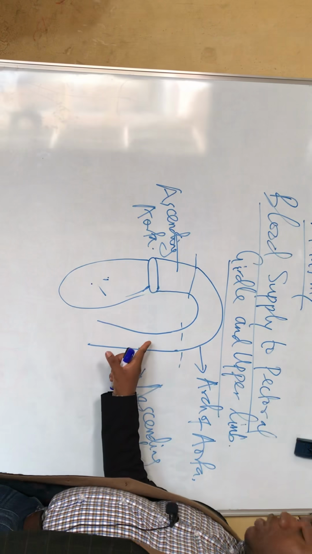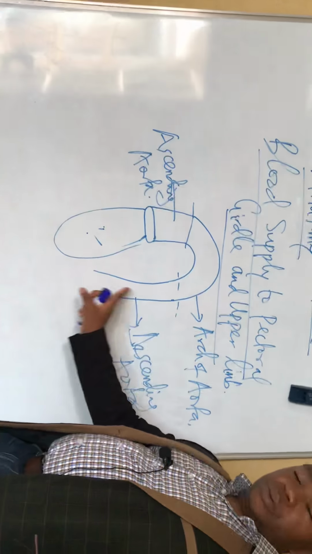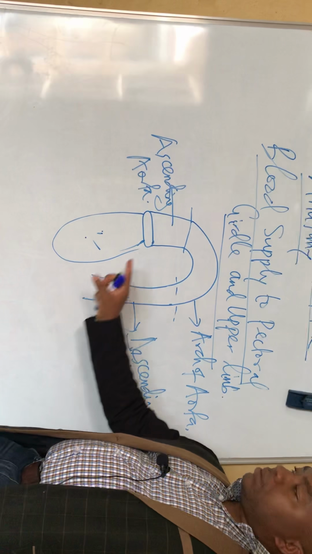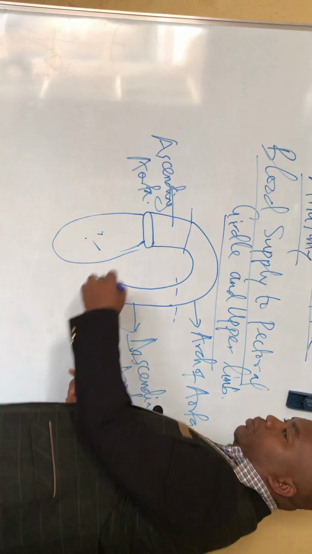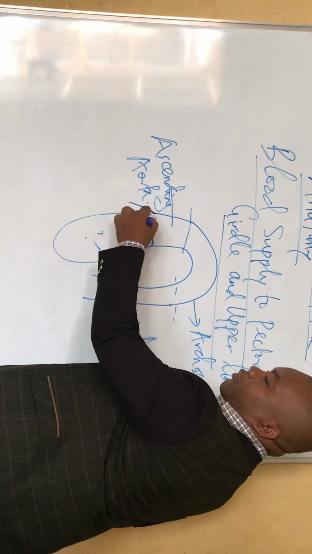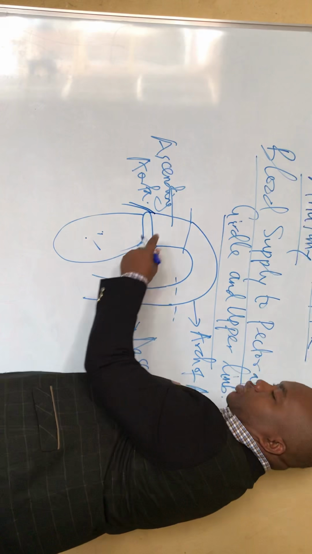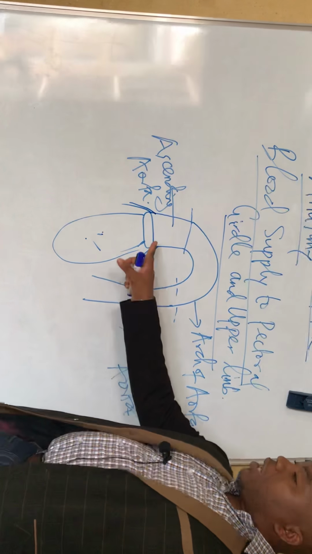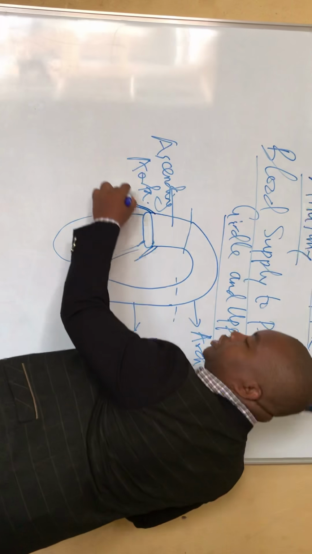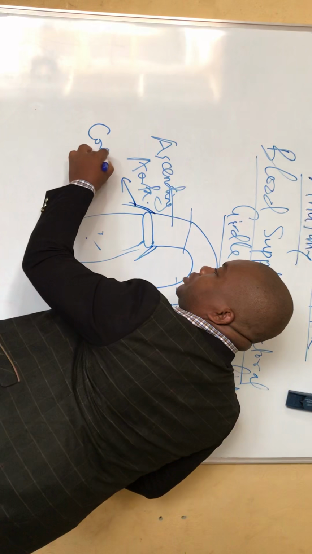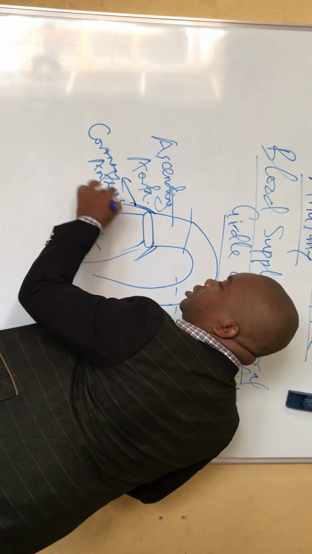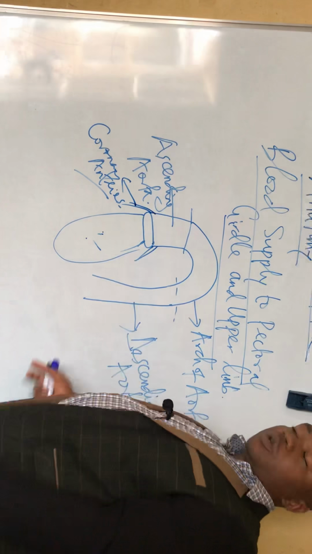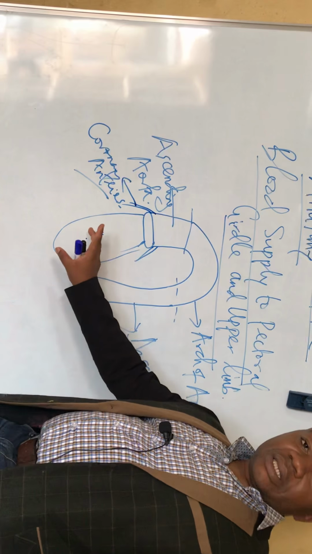In my last lecture, I made a video of the descending aorta. The ascending aorta just has two branches. Just above the aortic valve, you have the coronary arteries, the right and left coronary arteries, which supply the heart itself.